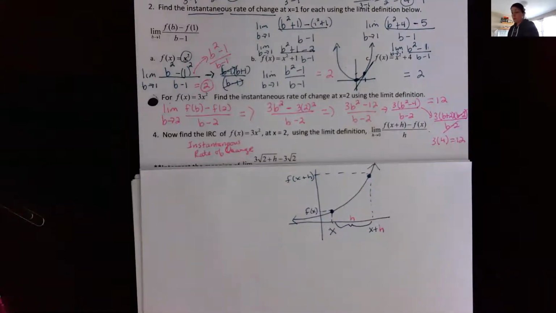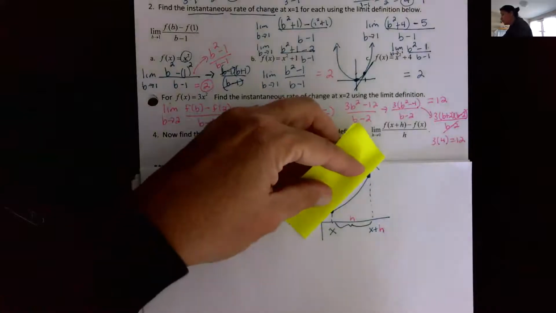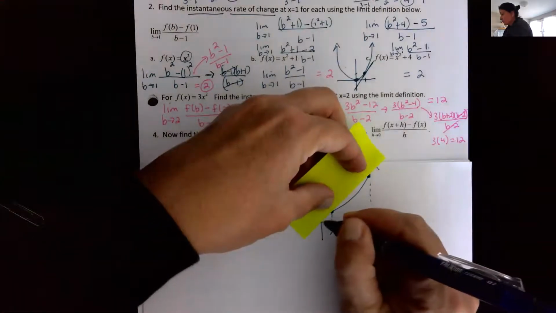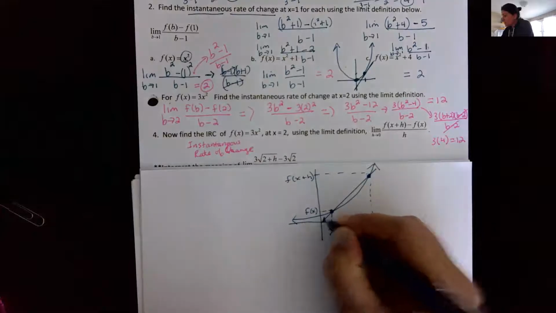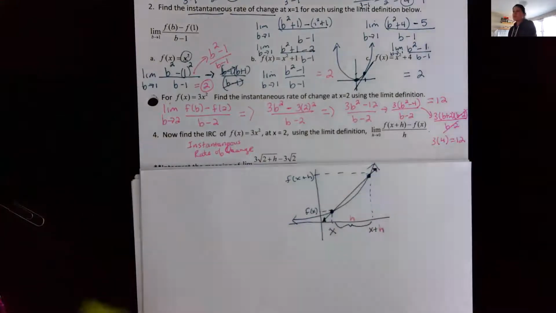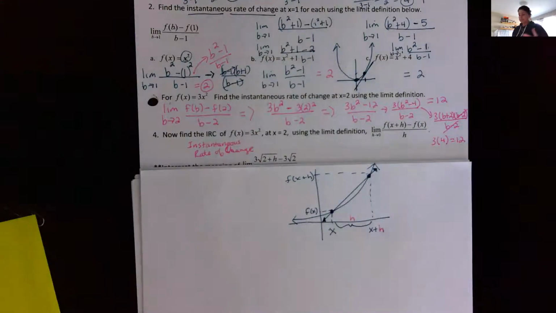Hopefully, if I were to tell you right now, we're going to find the slope of the secant line connecting those two, you can kind of see our limit definition developing.